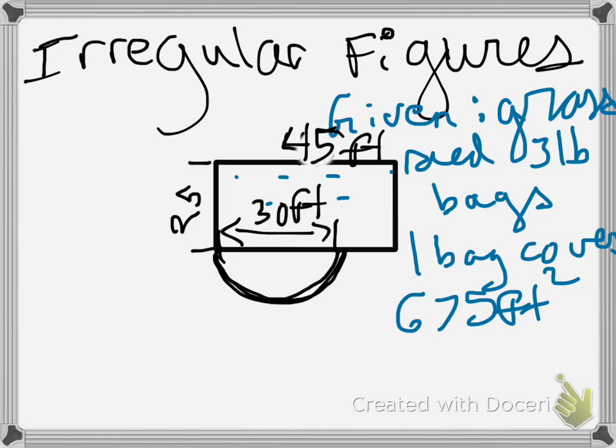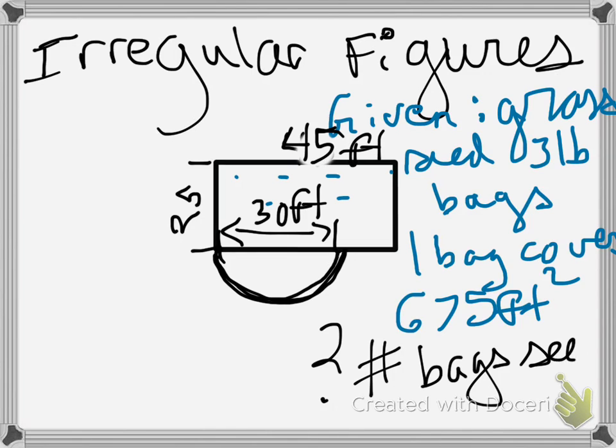You need to find how many bags of seed you're going to need to cover the area of this whole field. We want to seed the entire field. So how many bags of seed would it take to cover this entire field?